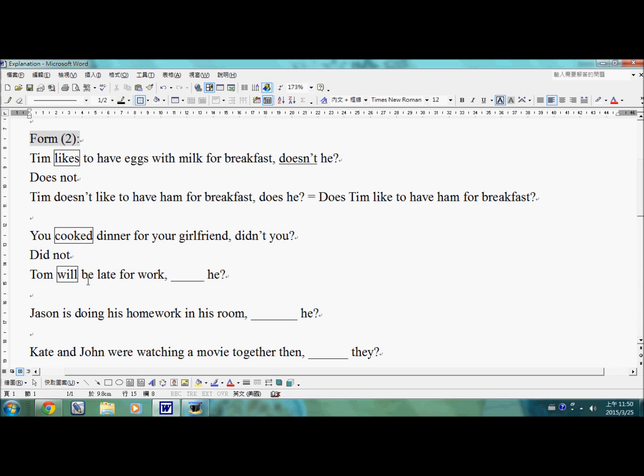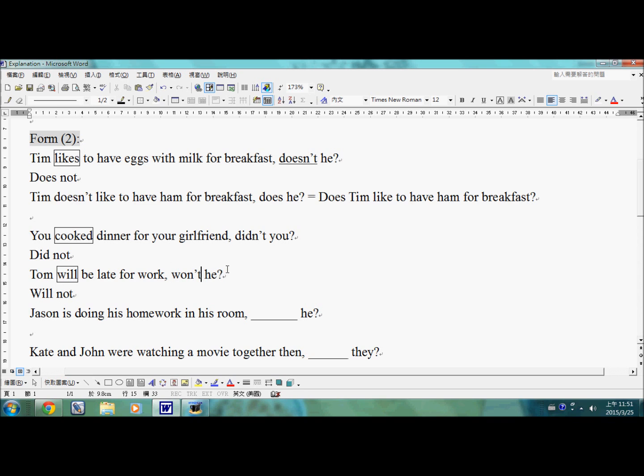But with other tenses, we can always see the helping verb in the positive statements, like this one, written in the future tense. So all we need to do is this. But remember, the contraction of will not is won't. So Tim will be late for work, won't he?